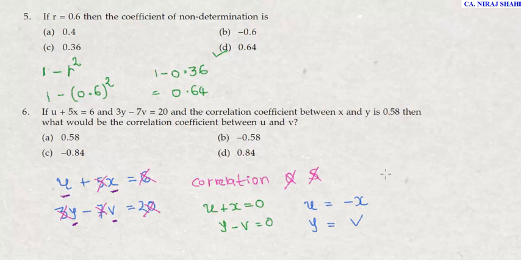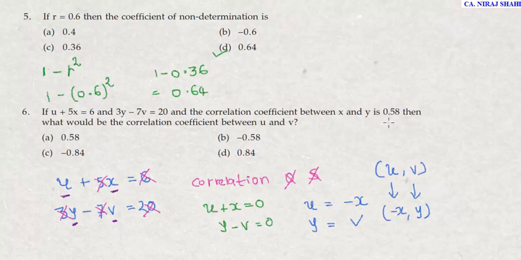If we make a pair of both the variables u and v, then we can relate u is equal to minus x and v is equal to plus y. So if you want to find out the correlation between u and v, then we can compute the correlation between minus x and y.